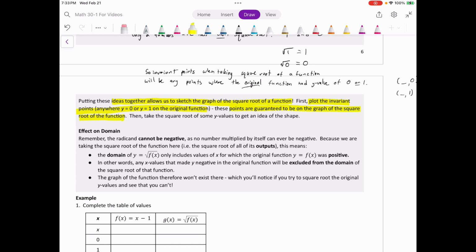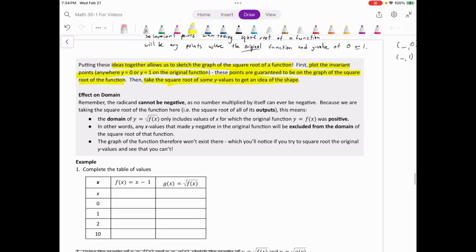You can cherry pick a little bit. Sometimes you have to do a little estimation with some decimals, but if you see a place where y is 4, that's a good point to use to sketch your new graph, because the square root of 4 is just 2. Nice integer, not a weird decimal. If you see a place where y is 9, that's a good one, because the square root of 9 is just 3. Nice integer, no decimal. Take the square root of some y values to get the idea of the shape.